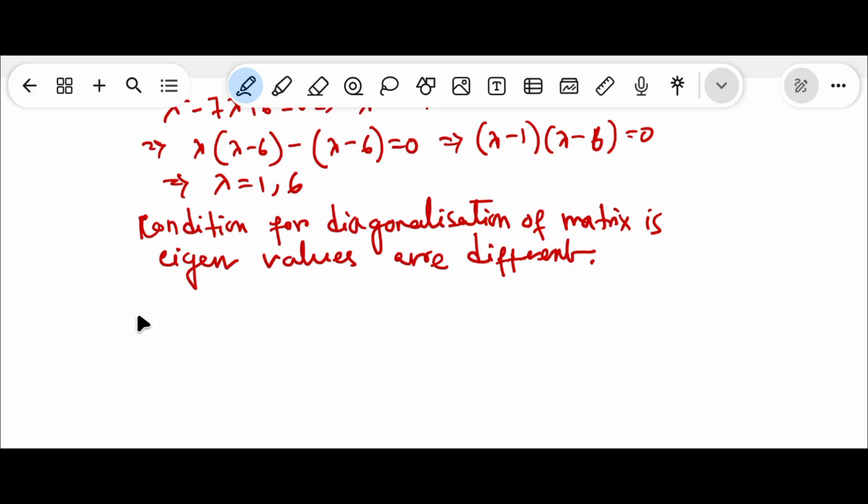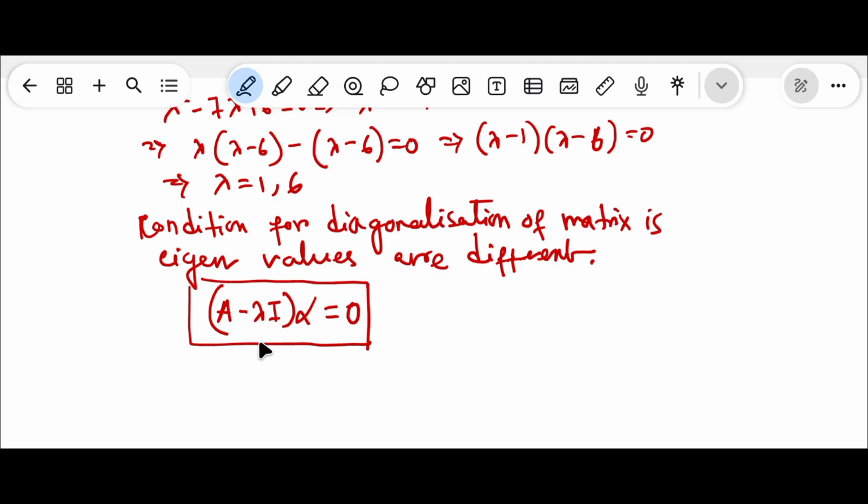Now what do we have to find? We have to find eigenvectors. Okay, we have to find this. So let us start. We know that A minus lambda I into alpha equals 0. We have talked about this, and from here only we get our characteristic equation, right?